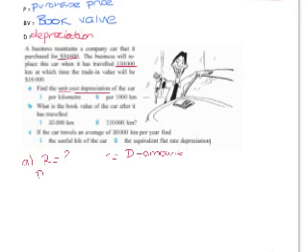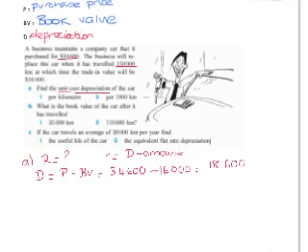So depreciation is the purchase price minus the book value. Purchase price was 34,600 minus the book value, the scrap value if you prefer, 16,000, which gives us $18,600. So that's the depreciation in total.